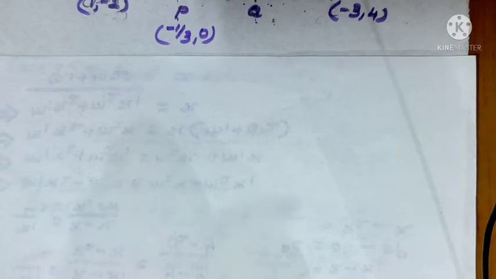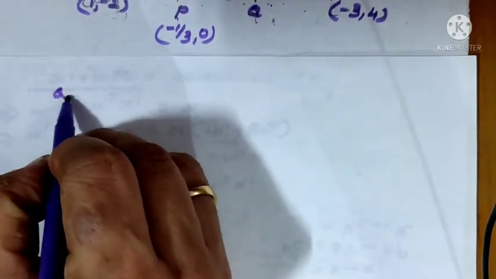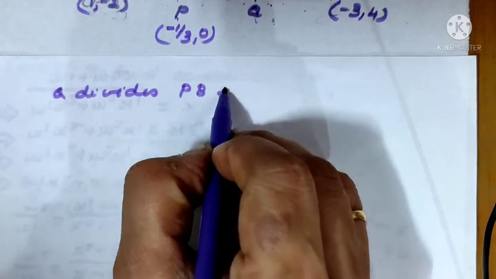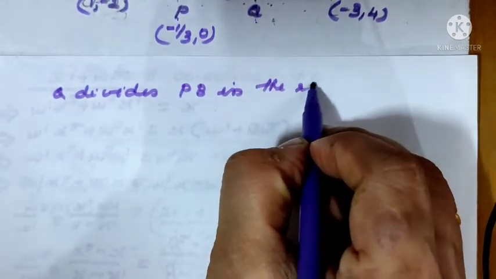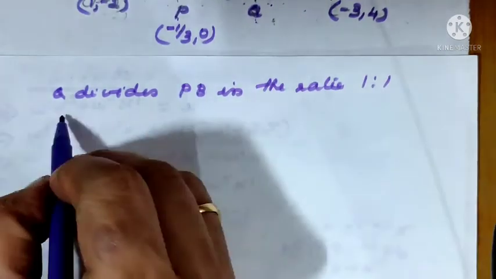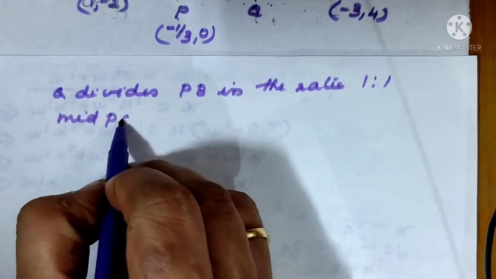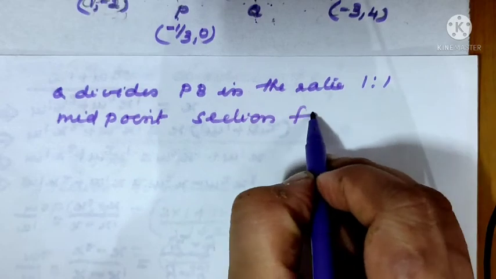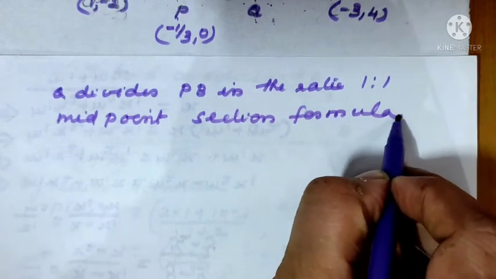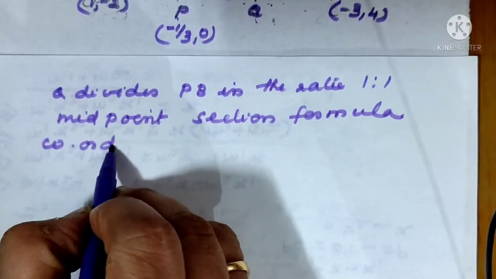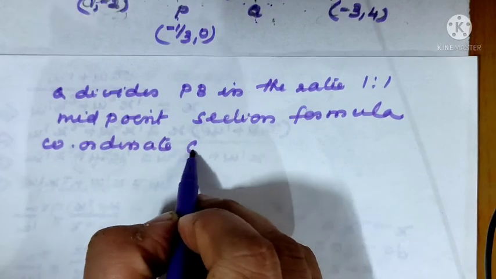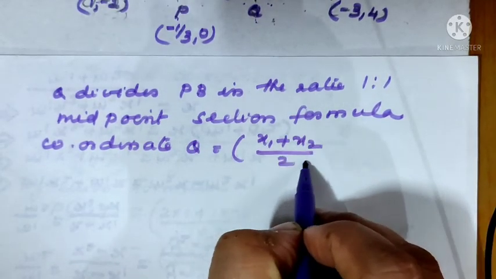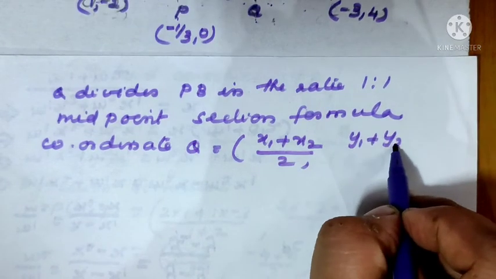So when you consider this diagram, Q divides PB in the ratio 1:1. So by the midpoint section formula, the coordinate of Q is x1 plus x2 divided by 2, y1 plus y2 divided by 2.